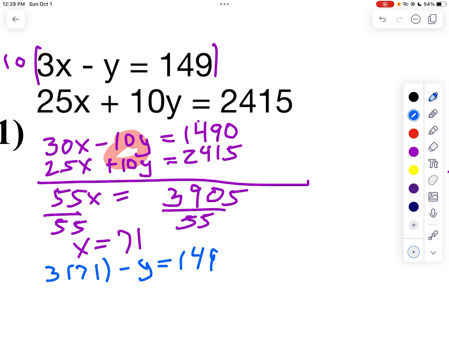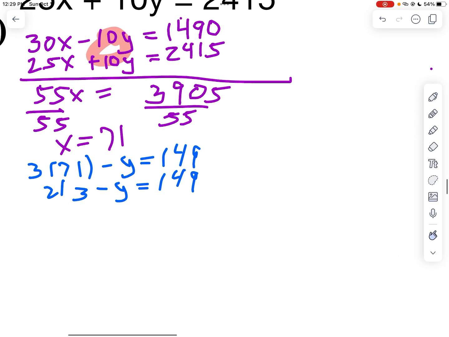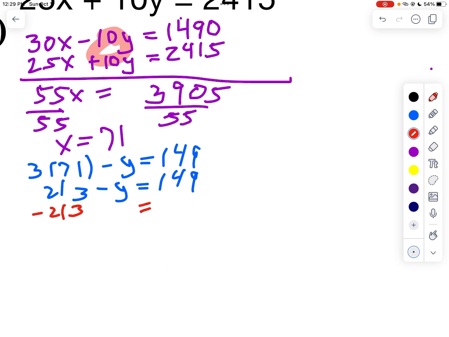And then 3 times 71 is 3 times 1 is 3, 3 times 7 is 21, so 213 equals 149. So let's subtract 213 from both sides.